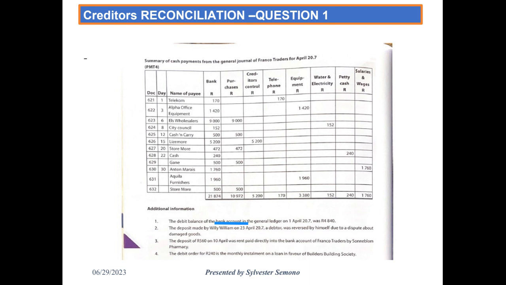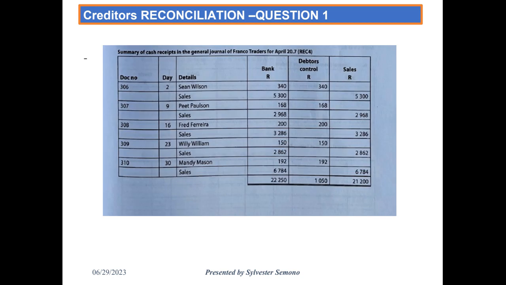Firstly, we must go and find that deposit on the 23rd. Do you see that deposit on the 23rd? Let's go and check it. I think on the 23rd we did receive. Can you see that 23rd on the cash receipts? William is here. We thought he paid us 150.